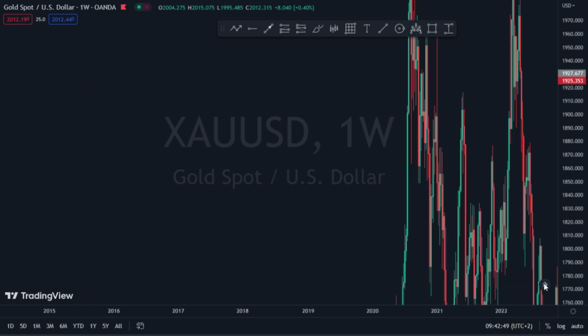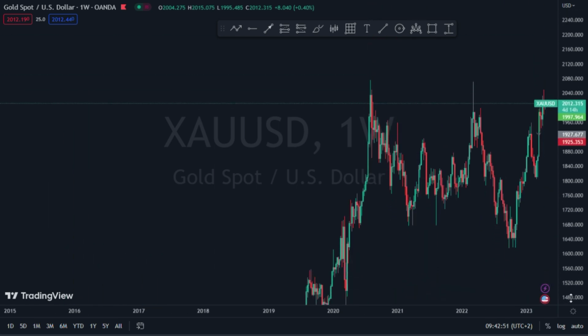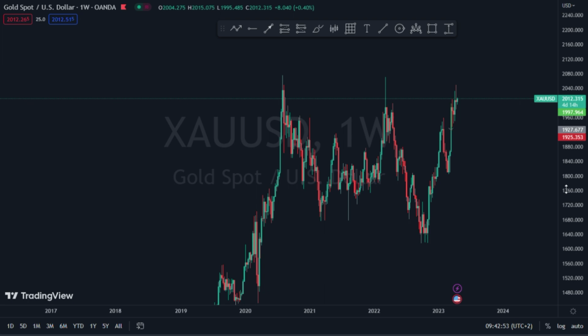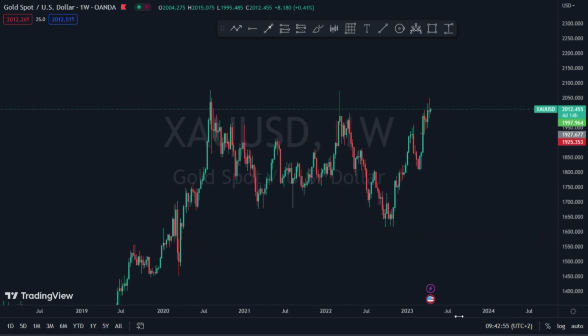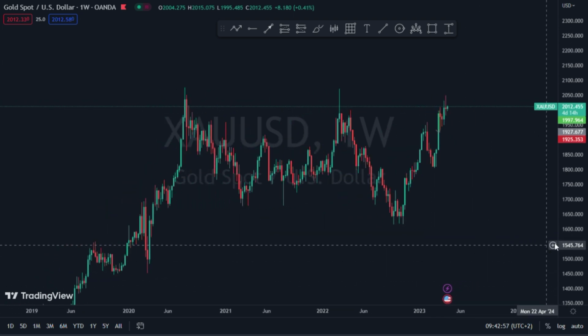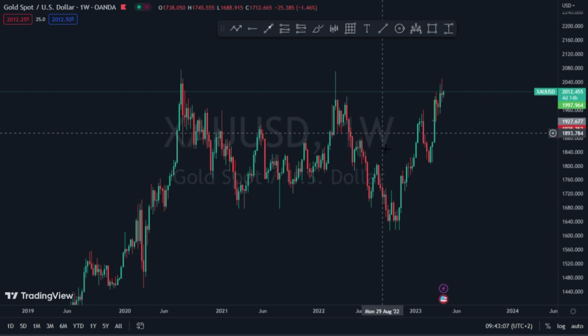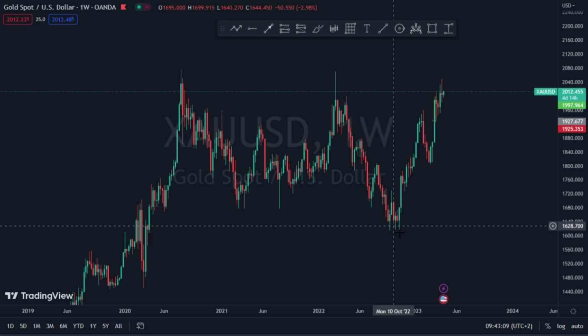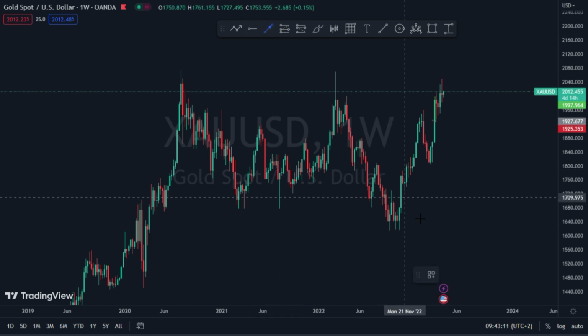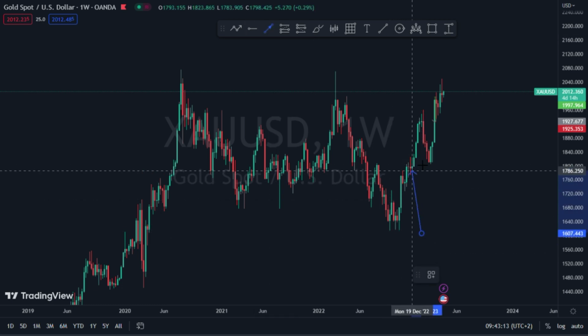So here on the weekly time frame, I wanna go deeper on how I spotted that bullish momentum, or how I made that 3.8%, right? You can see that gold was pushing to the upside, right?